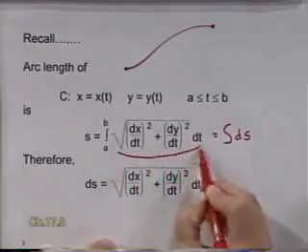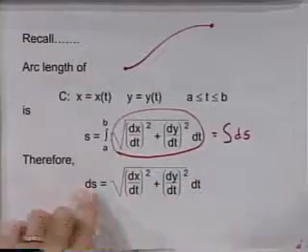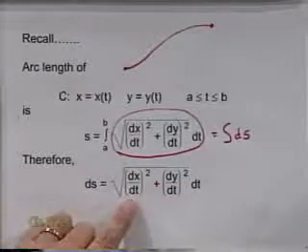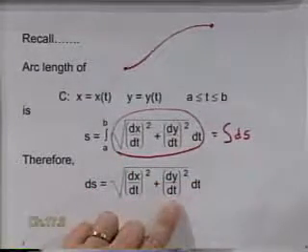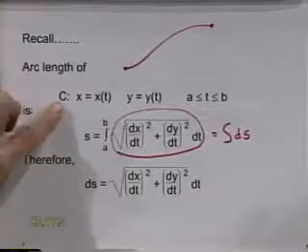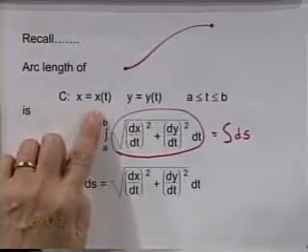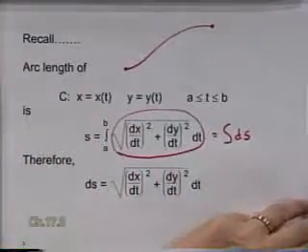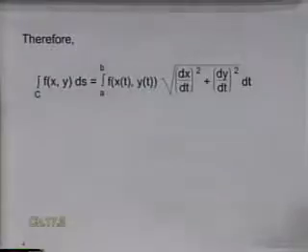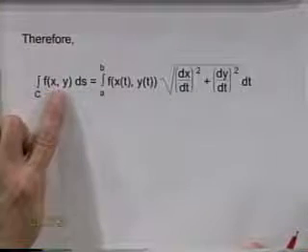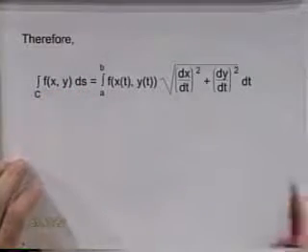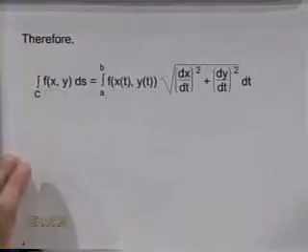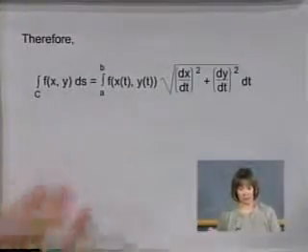So this piece right here, we can think of that as being ds, square root of dx dt squared plus dy dt squared dt, if you have a curve that's given parametrically x equals x of t, y equals y of t. So what we're going to do in this particular section, and it's very easy, if we have to figure out the integral of f of xy ds, first sometimes they give you the parametric representation, other times you have to figure it out.